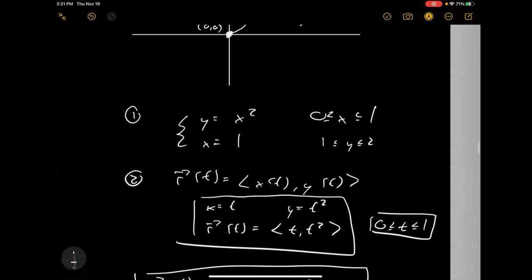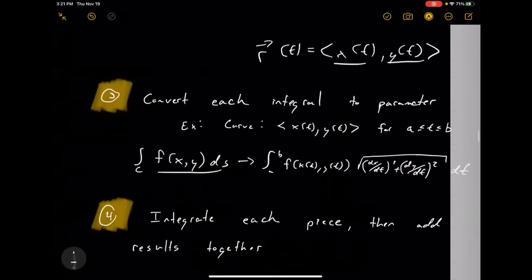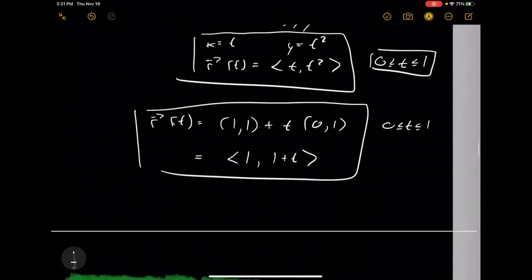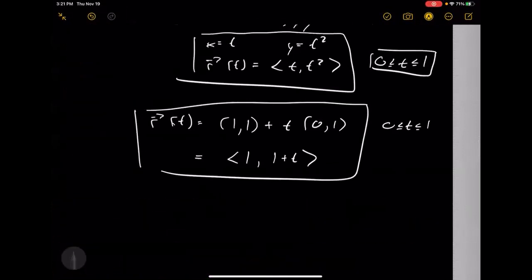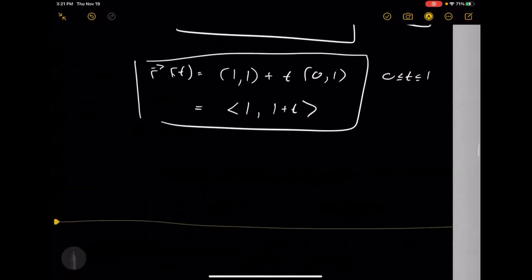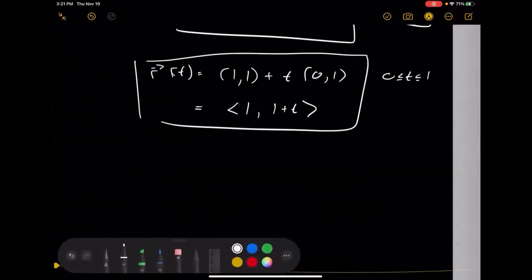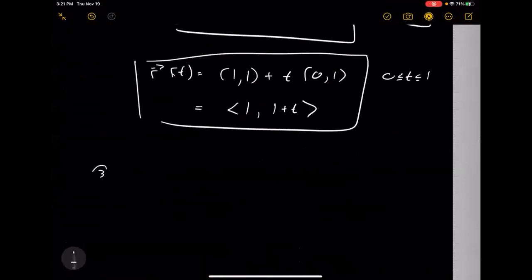All right. What's our step 3? Convert each integral. I'm keeping my integrals separate, since I need an integral for each of these pieces of my curve. So let's talk about the integral of the first piece.